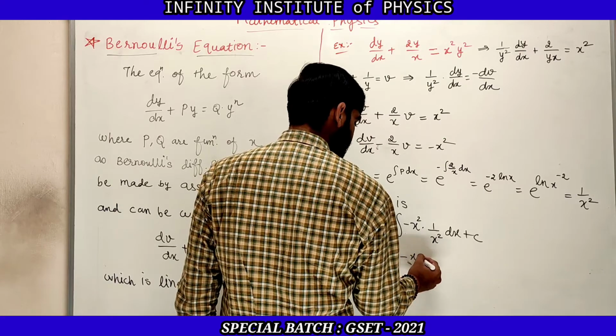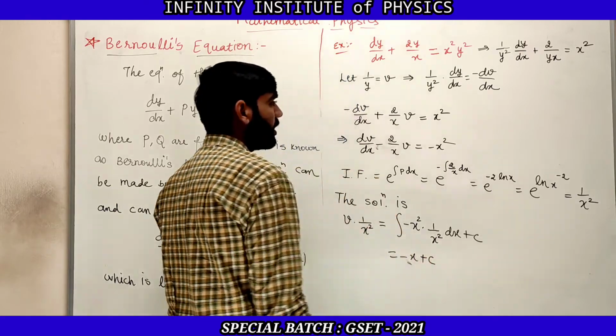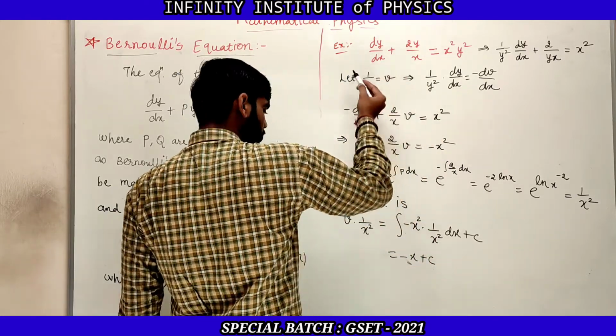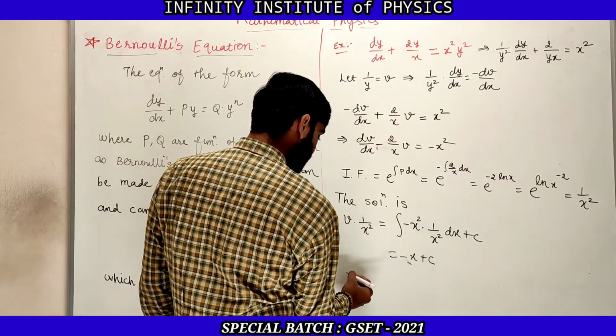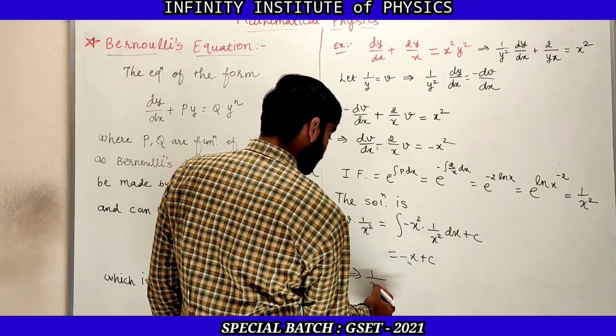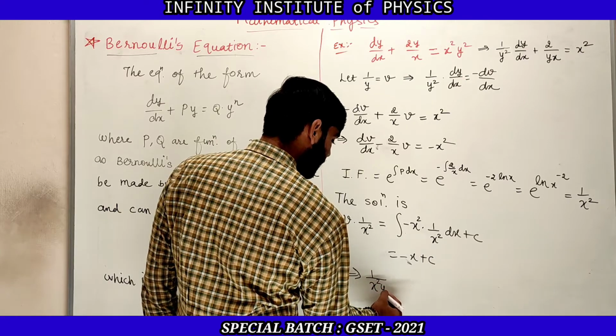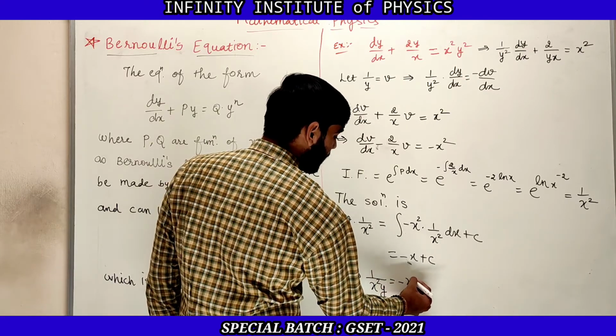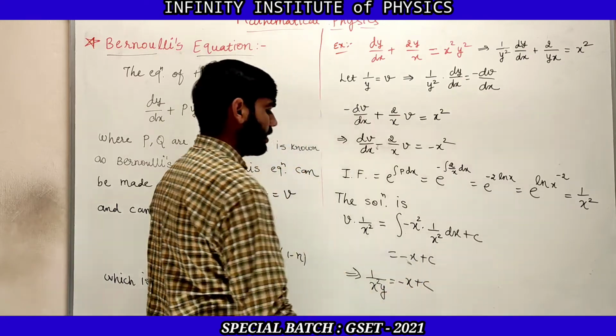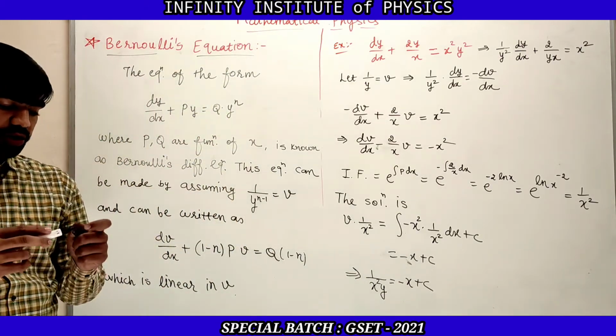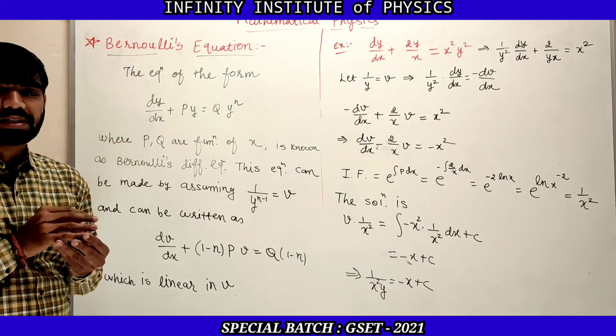So it is minus x plus c. But v is equal to 1 by y, so let us put that value here. So it is 1 by x square y, which is equal to minus x plus c. And that is the solution of the given Bernoulli's equation.